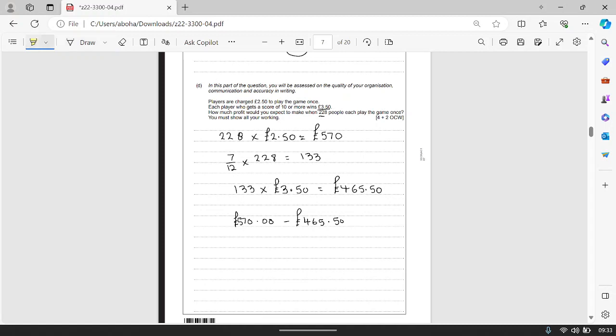So this here is what you've taken, and this here is what you're paying out. Subtracting those from each other will give you a final answer of £104 and 50 pence. And there you go.